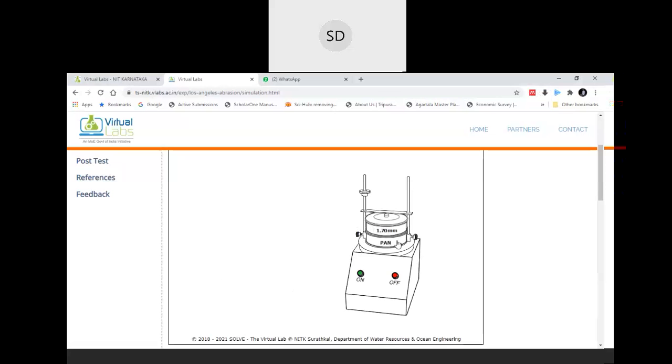Place this over your vibrating machine and sieve.